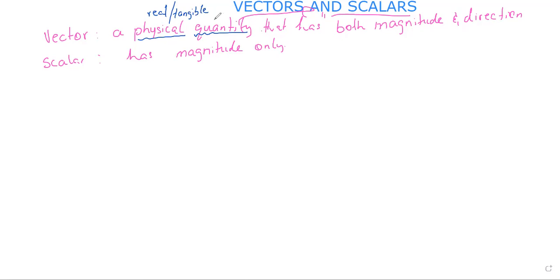And quantity is just an amount. Magnitude is size. So an amount that has both magnitude and direction is called a vector. Now we want to have a look at the examples of vectors and scalars.